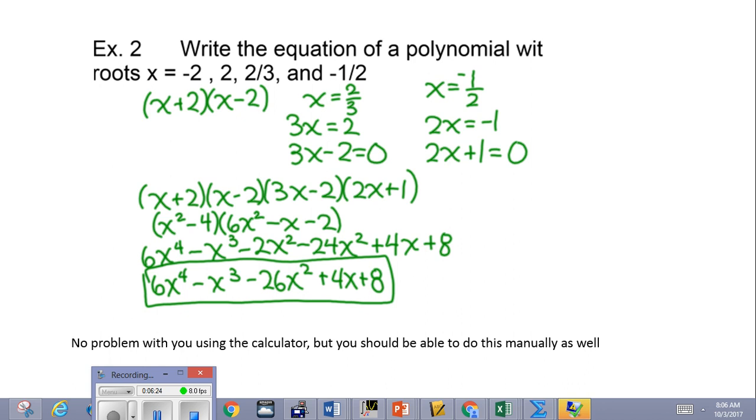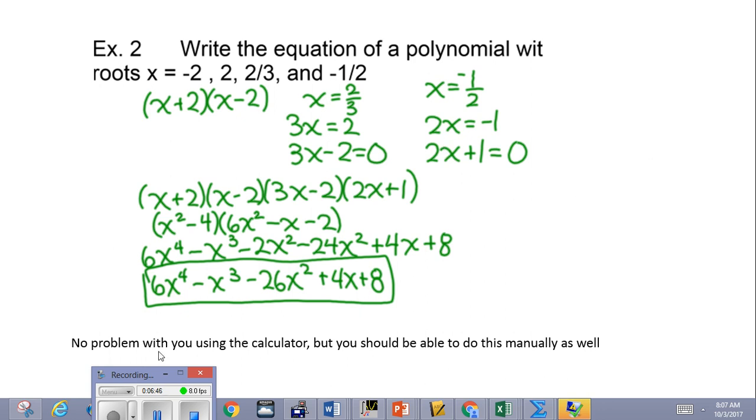Also, a solution is 2/3. If you cross multiply here, you can deal with this a little easier, as 3x equals 2, or 3x minus 2. And likewise over here, since x equals negative 1/2, cross multiplying gives you this.